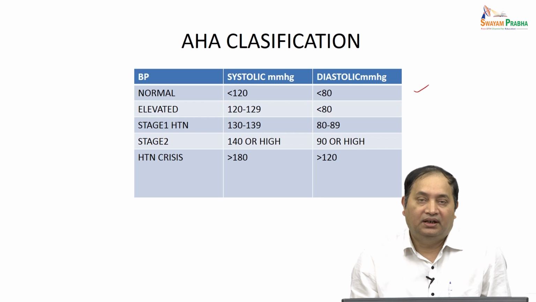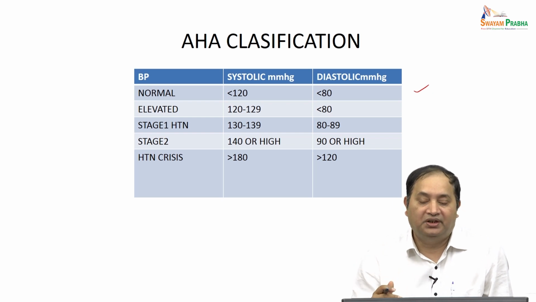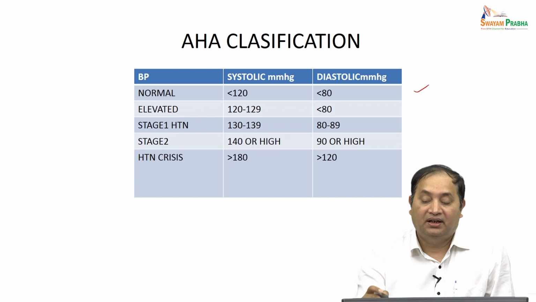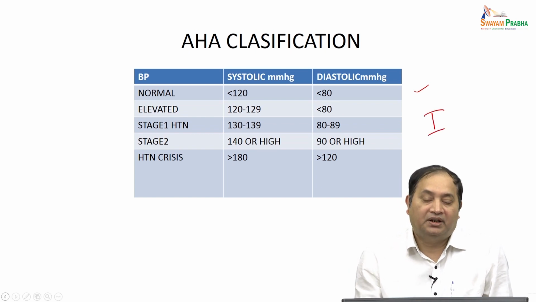Once it is 120 to 129 systolic, with diastolic still below 80, it is called elevated, and then we divide it into stage 1 hypertension. If you find the blood pressure is 130 to 139 systolic or the diastolic is 80 to 89, you consider it stage 1 hypertension as per the American Heart Association.